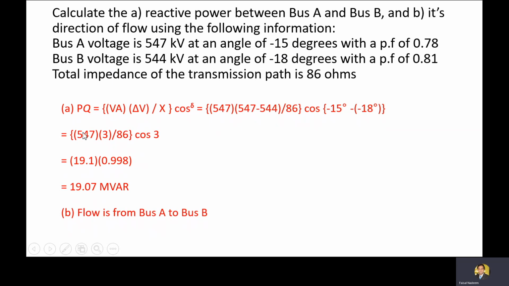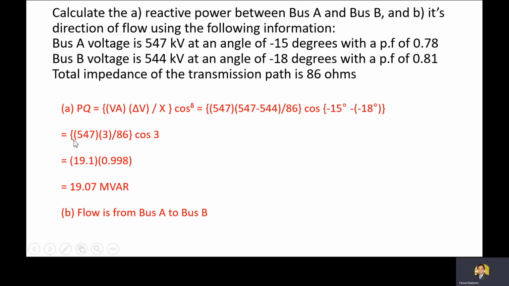Again, using the same formula for reactive power, Q is equal to VA times delta V divided by X, cos delta, and putting the values of VA and VA minus VB, X, cos delta in this equation, we end up with 547 multiplied by 3 divided by 86 into cos of 3.